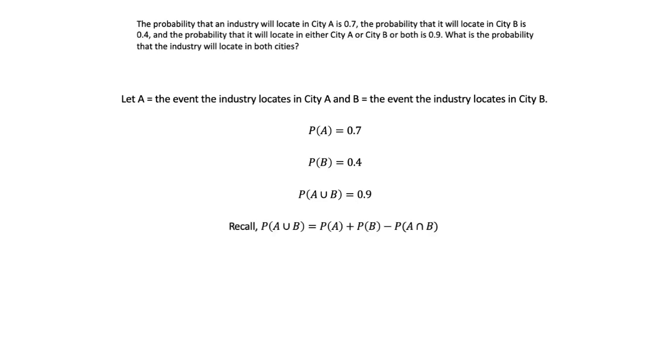Now remember from the formula, the probability of A union B is the probability of A plus the probability of B minus the probability of A intersect B. The piece that we're interested in is the probability of A intersect B. So plugging in the values that we know and then solving for that, we get 0.2.